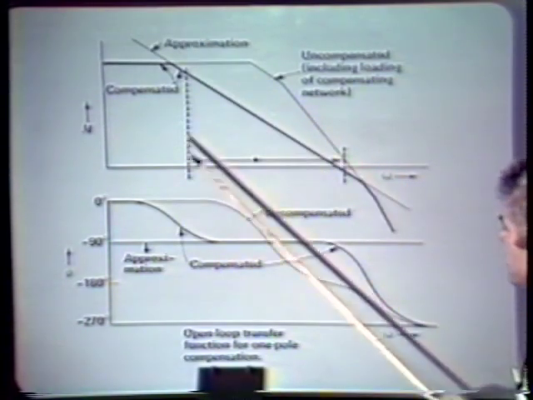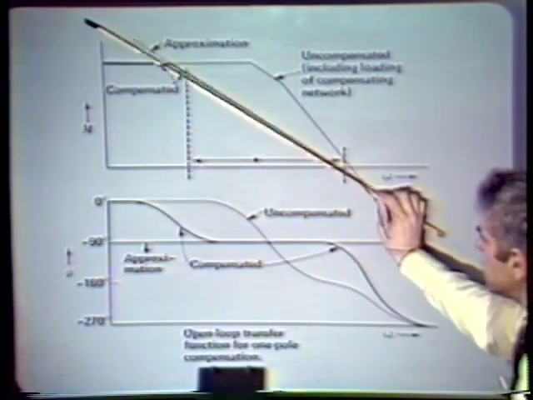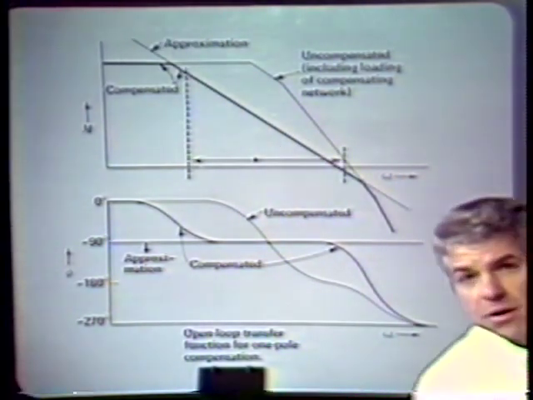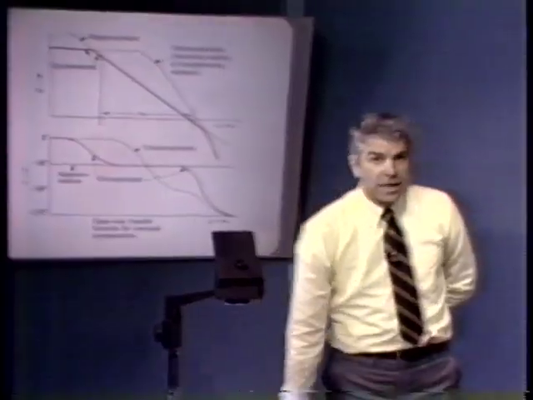Now, as we decrease C sub C, the unity gain frequency of the amplifier itself will increase, and in fact may very easily go above a megahertz for certain values of C sub C. In fact, if C sub C is less than about 30 picofarads, the unity gain frequency of the amplifier itself extends beyond a megahertz.